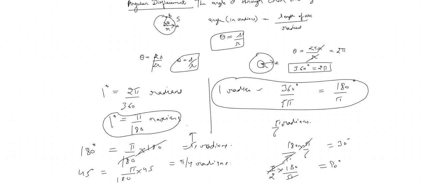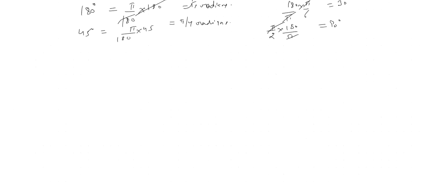Now, how can we define 1 radian, if I ask you to define 1 radian? Let's say an object starts from point A and reaches point B, and the circular path has radius r.